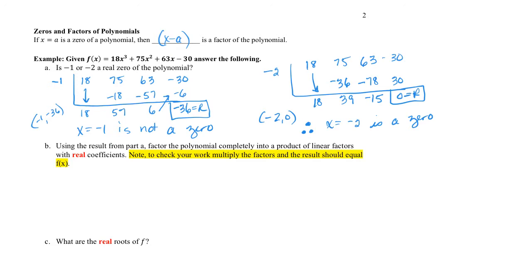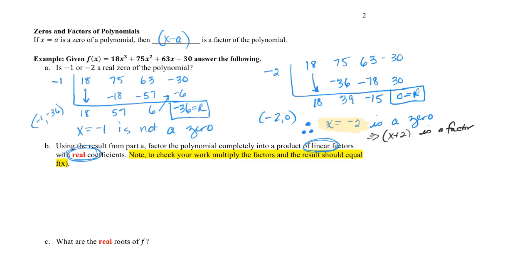Okay, part B says use the result from part A and factor the polynomial completely into the product of linear factors. So everything is first degree with real coefficients. So no imaginary numbers are going to be allowed here. Okay, so since I know that x equals -2 is a zero, that means that x plus 2 is a factor.